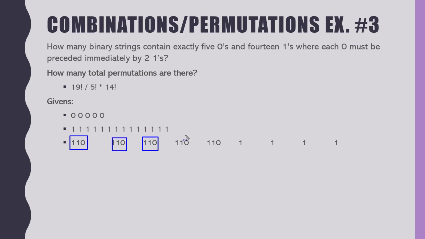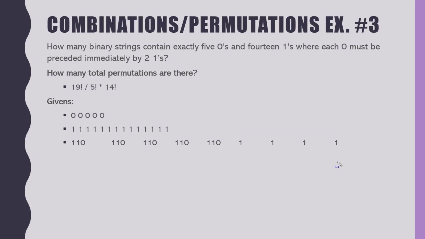So if we take all 5 of our zeros and tack on 2 ones for each one of them, we end up with these 5 patterns, which are identical to each other, and we end up with these 4 ones, which are also identical to each other. So now what do we have? We just have 9 things that can be arranged 9 factorial ways, divided by the duplicates.